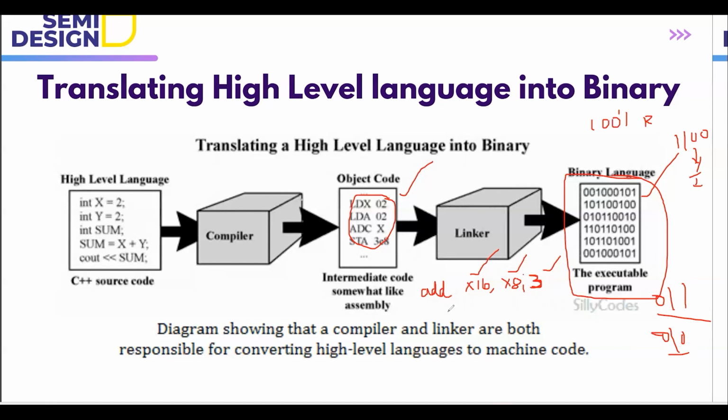Here addition means we'll have the 3 bits, which indicates the 12-bit. This add will be converted into 12-bit data in binary format. And x16 is nothing but 10000, and x8 is nothing but 1000, and the opcode value is 011.